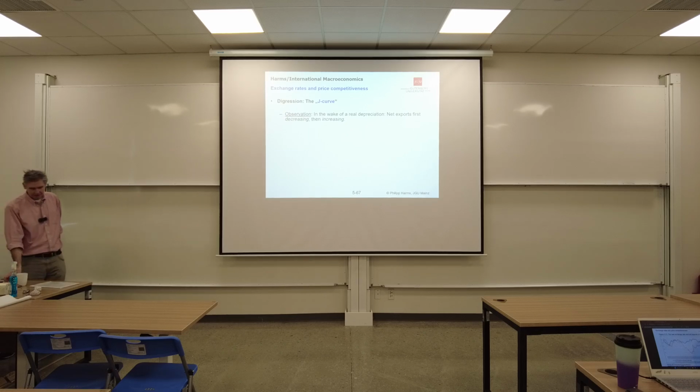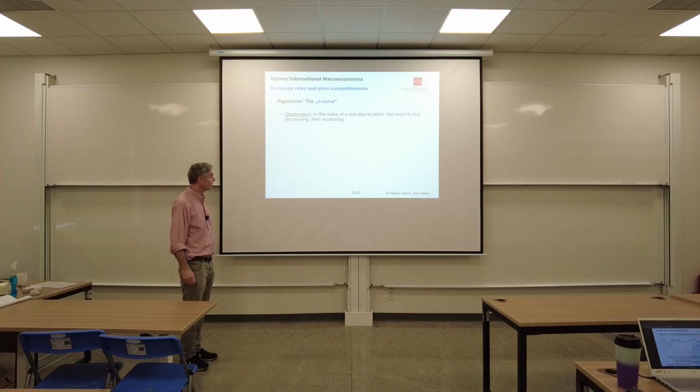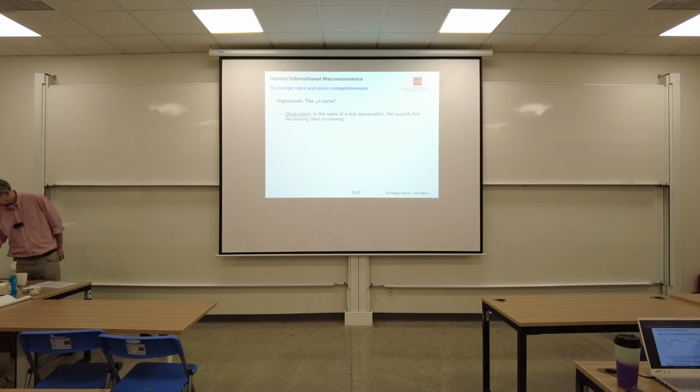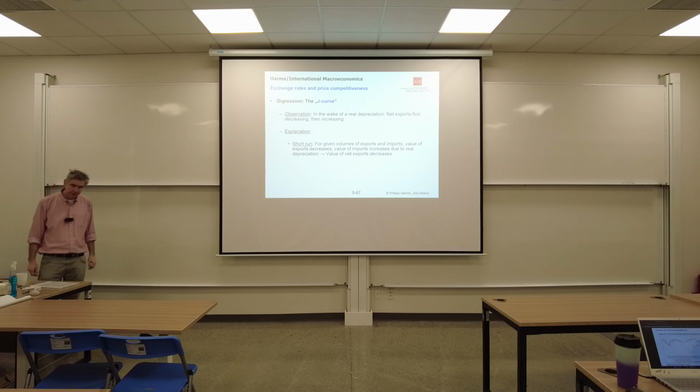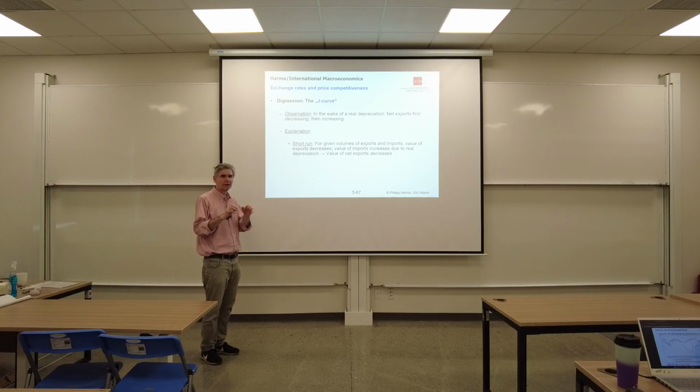A lot of countries have seen that in the wake of a real depreciation, net exports first decrease, then increase. So you have a real depreciation, and you expect net exports to go up, but they don't go up first, they go down. And the reason is that in the short run, quantities don't change. So you have long-term contracts, you have customer relationships, and so on.